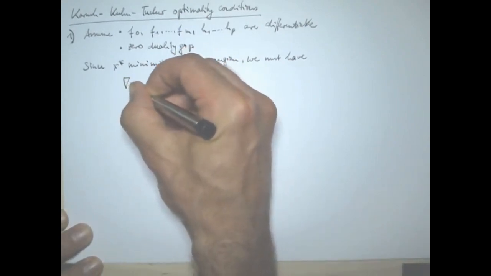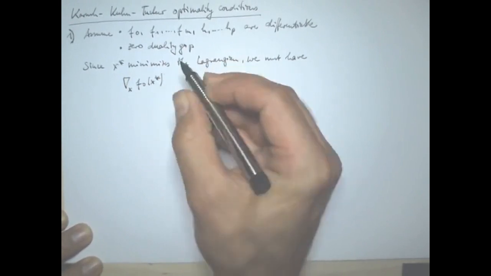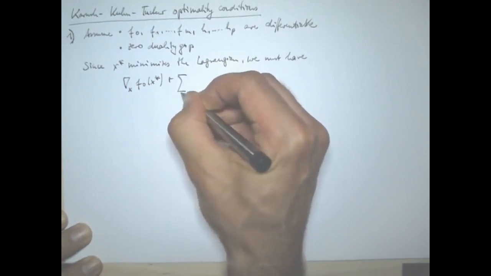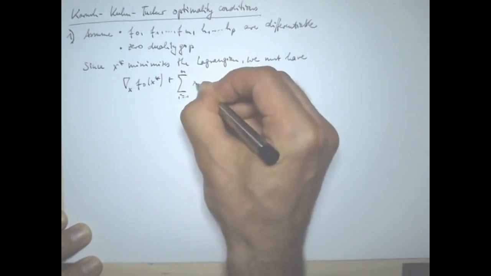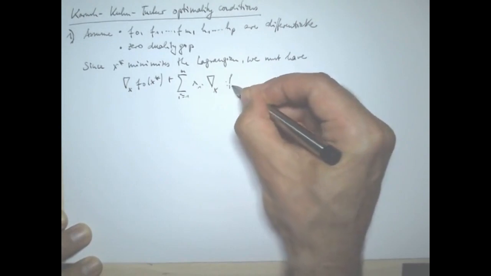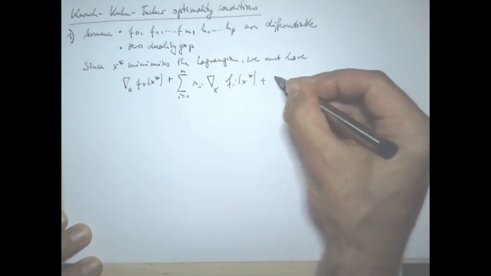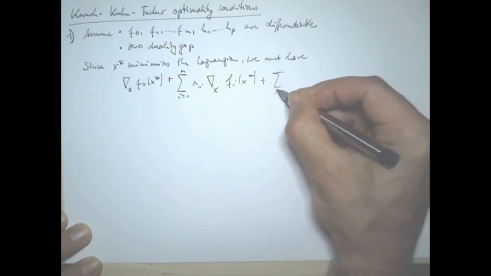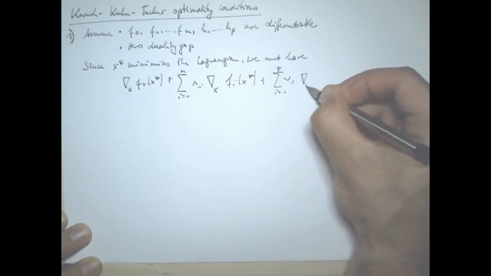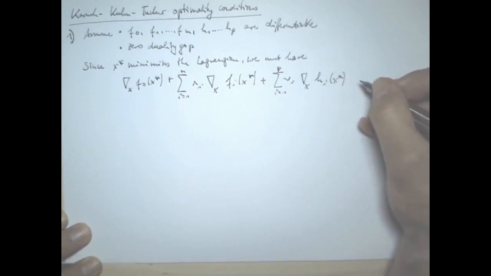So the gradient with respect to x of f0 evaluated at the position x star plus the gradient of my inequality constraints evaluated at x star plus the gradient of the equality constraints evaluated at x star has to be 0.